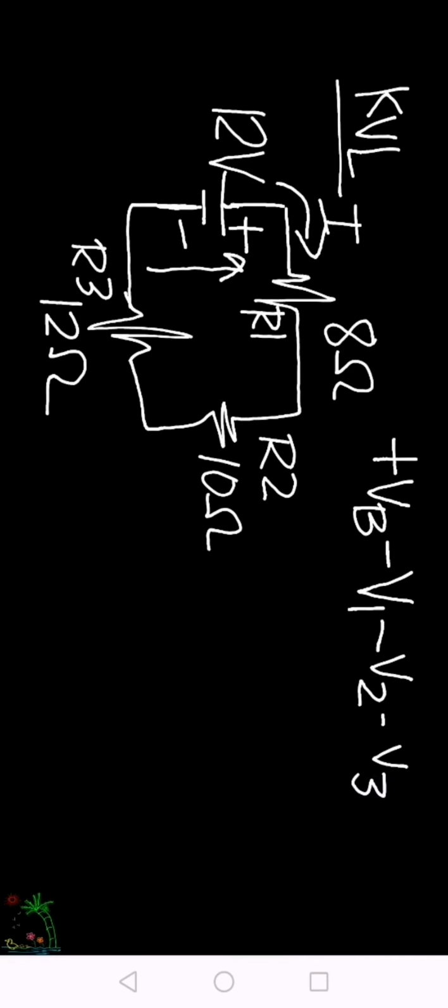And as it says a while ago, the sum of all the voltages is 0. So this must be equal to 0. Okay. So since the voltage battery is 12, that is positive 12 minus V1. So V1, we know that V is equal to IR.